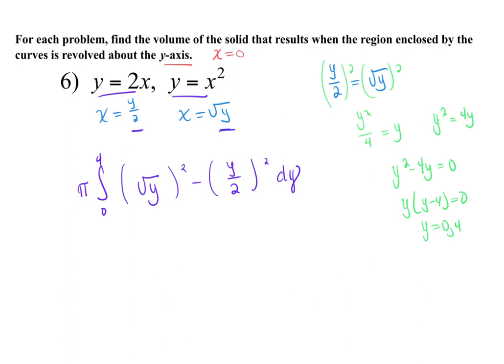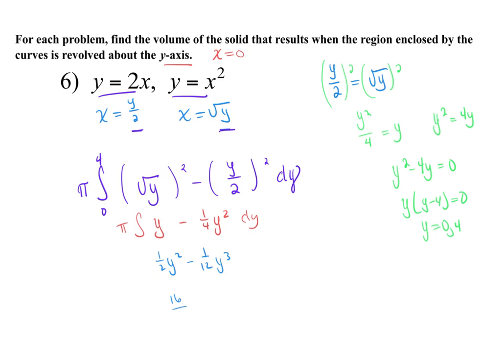Remember, you want to simplify it. So we have y minus 1/4 y squared. And then antiderivative at that point, right? I haven't actually taken my antiderivative yet. I've just simplified prior to. So you should end up with a fraction, right? So we have 1/2 y squared minus 1/12 y cubed.